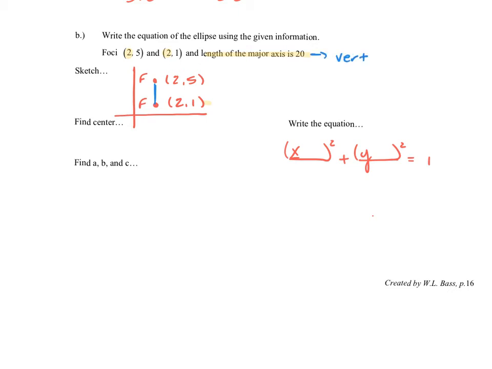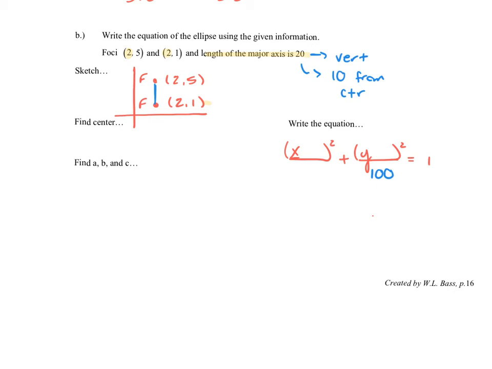If this is the length of the major axis, then I'm actually going to go 10 from the center, 10 in each direction vertically. So if I square that 10, I know right away that that 100 will need to go underneath the y's, because this has been oriented vertically, so this has to be the vertical distance.